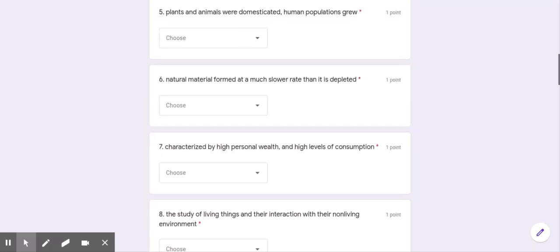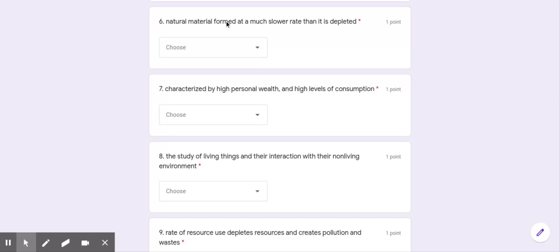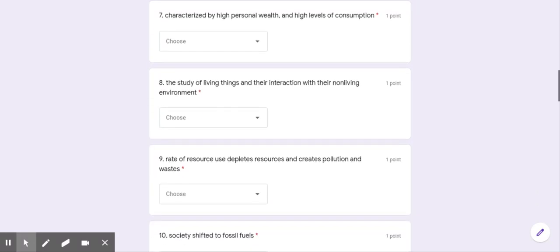Number 5, plants and animals were domesticated, human populations grew. Number 6, natural material formed at a much slower rate than it is depleted. Number 7, characterized by high personal wealth and high levels of consumption.